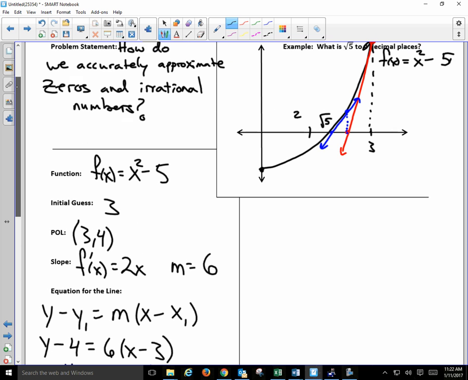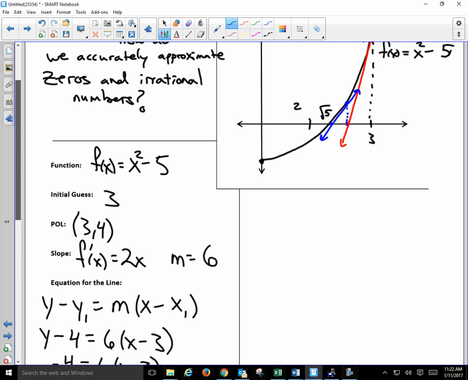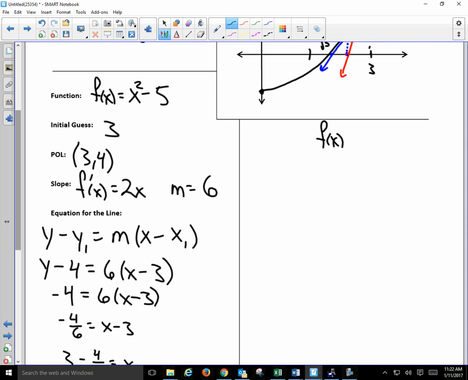So the formula for Newton's method starts out with a function. The function being f of x. We then make an initial guess. We're going to call the initial guess x sub 0. Once we have the initial guess, we find the point on the line.